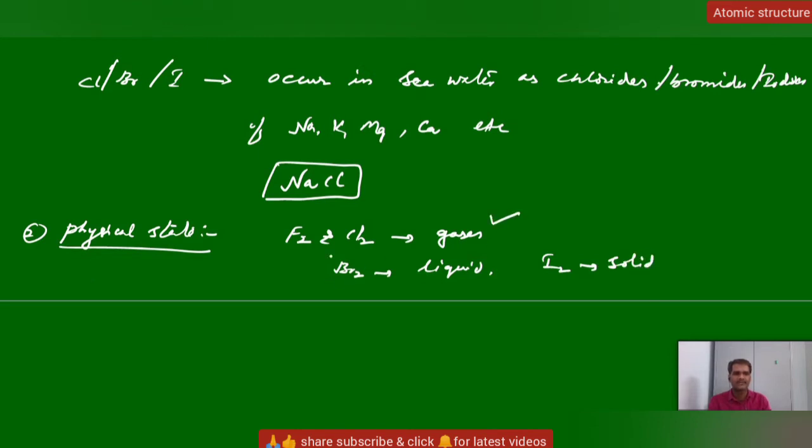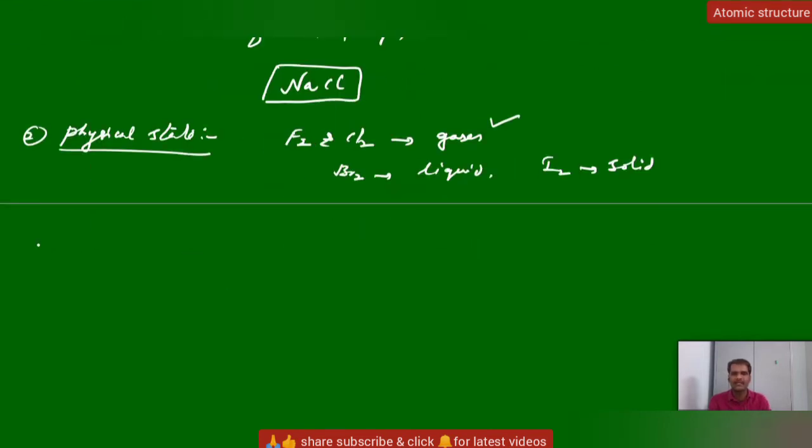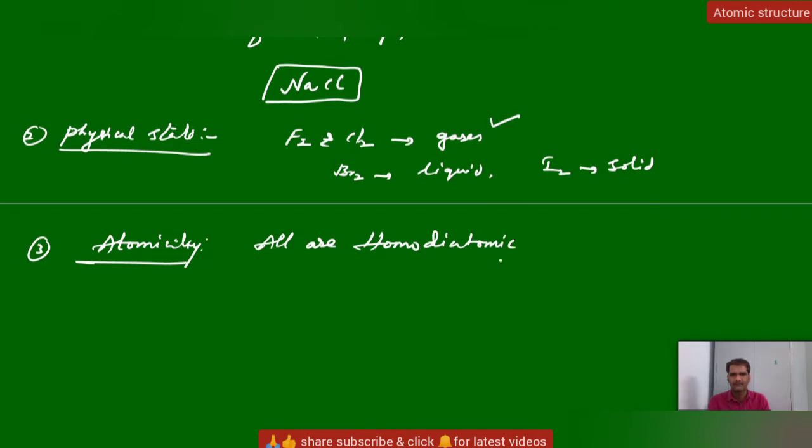If you see their atomicity, all are homodiatomic in nature. If they ask atomicity, all are homodiatomic. So they exist as X2: fluorine F2, Cl2, Br2 and I2.